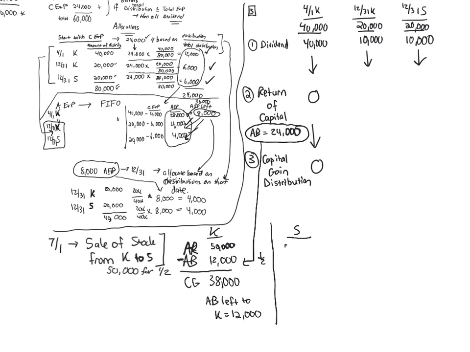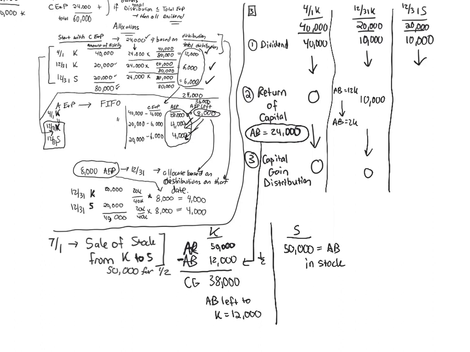Consequences to S. S has a $50,000 adjusted basis in stock. So here you've got an adjusted basis of $12,000. Of course we have enough. We have 10,000. That brings the basis down to 2,000, remaining. This will be 0.